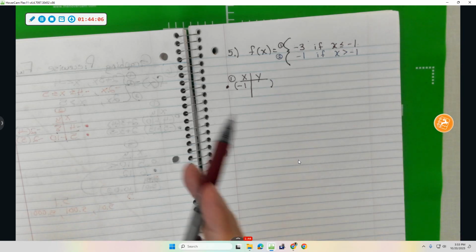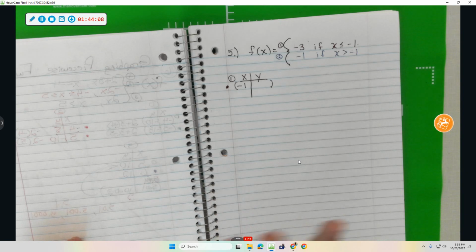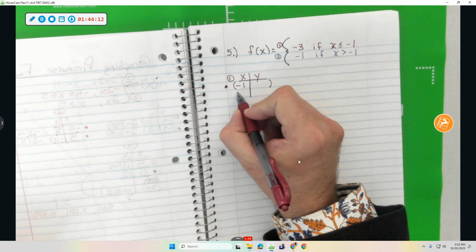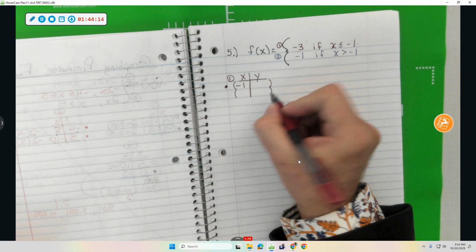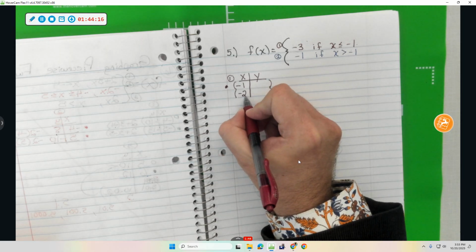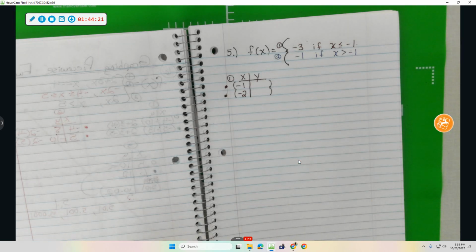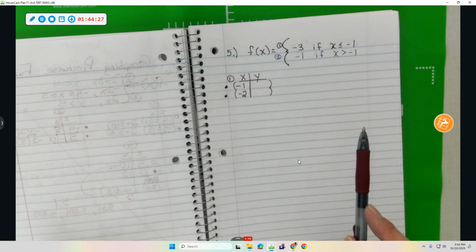Number smaller than -1. Don't say 0. -2, -3, -4. I'm going to go ahead and use -2. And that will be a closed dot too. The only time you can have an open circle is at a cut point.